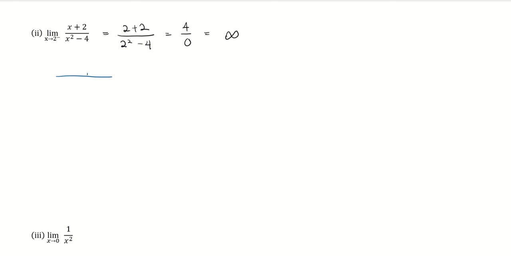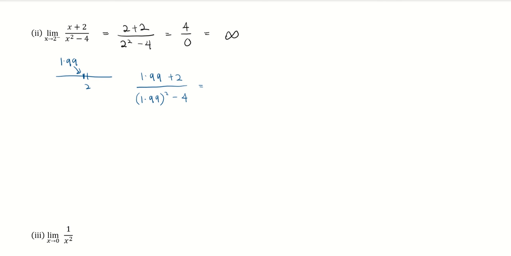So we're going to choose a value to test. Since we approach 2 from the left, we can choose maybe 1.99. We substitute this value into the function: 1.99 plus 2 over 1.99 squared minus 4.